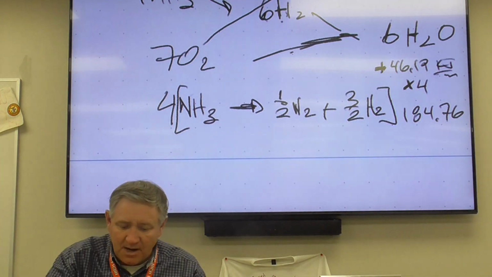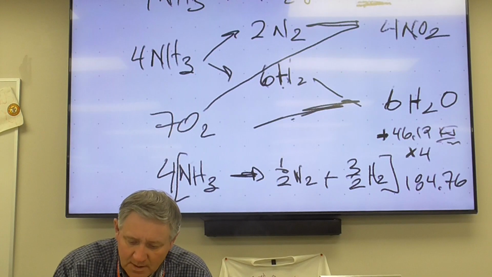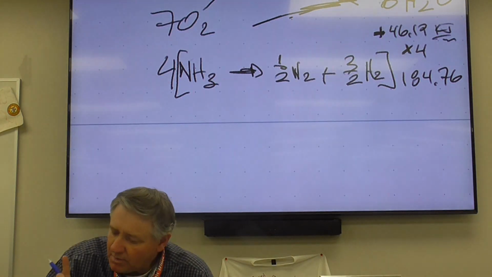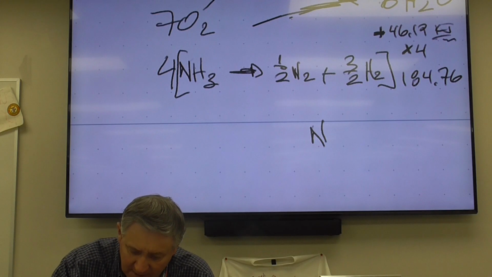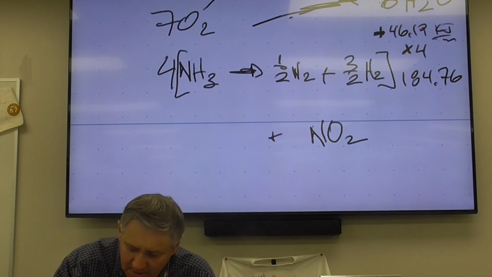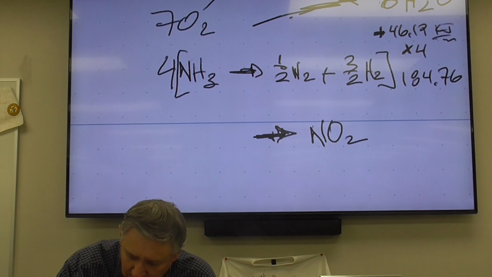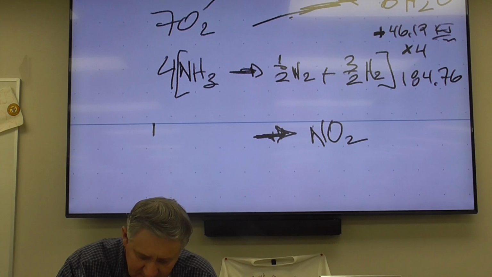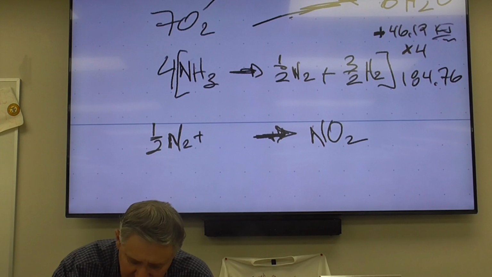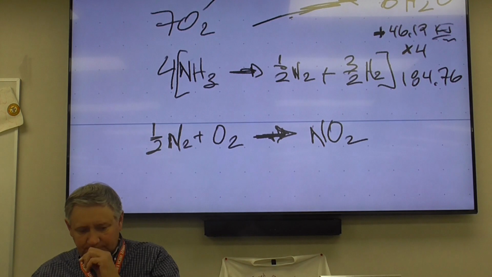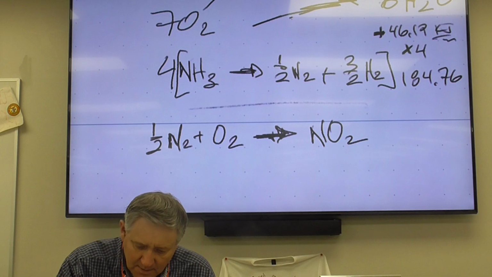Now, let's talk about making NO2. So, the reaction to make NO2 out of its elemental form is going to be 1/2 N2 plus O2 makes NO2.